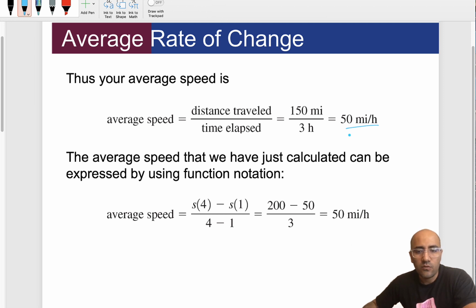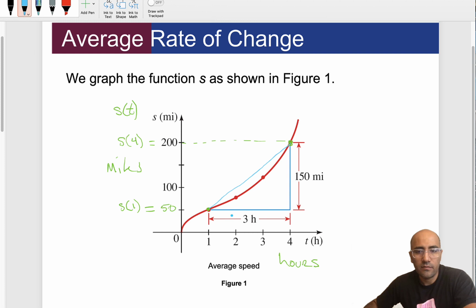Good. Notation-wise, again, we can replace it by s of 4 minus s of 1 all over 4 minus 1. And that's what this is. This guy is 1 comma s of 1. This guy is 4 comma s of 4.